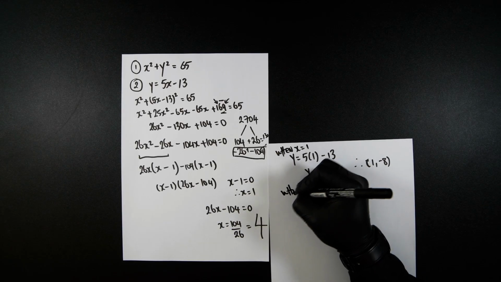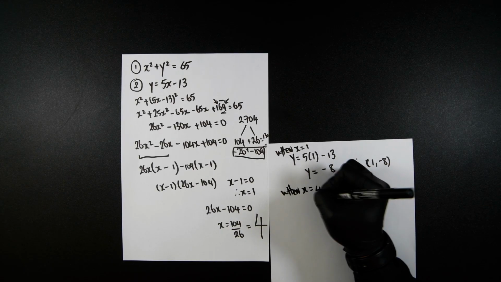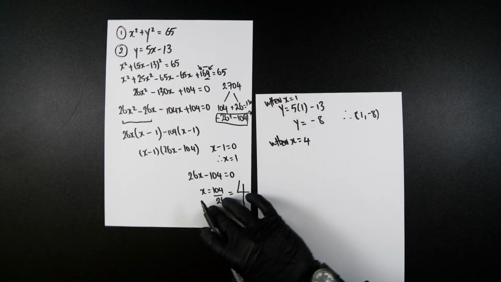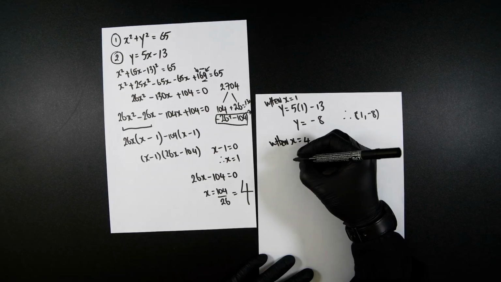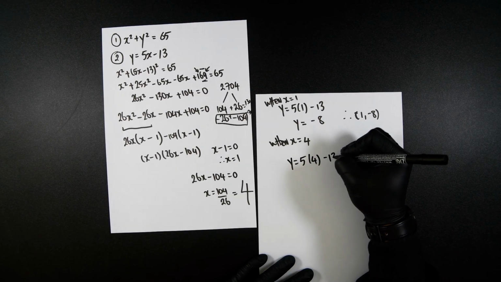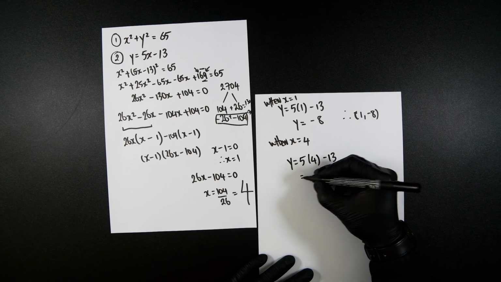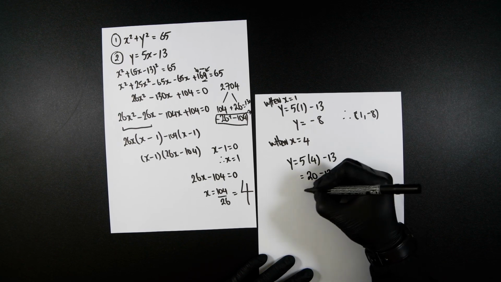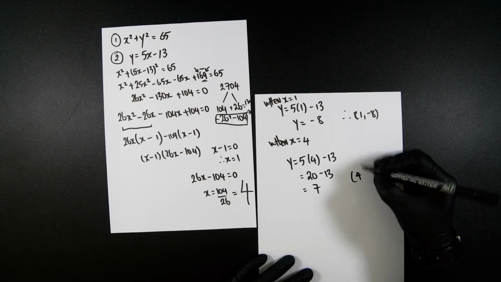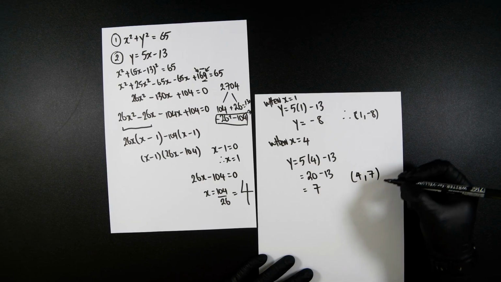So what about when x equals 4? We will now put it back into this equation. So we're going to get y equals 5 times 4 minus 13. 5 times 4 is 20. So you're going to get 20 minus 13, which equals 7. So now we have 4 as our x term and 7 as our y.